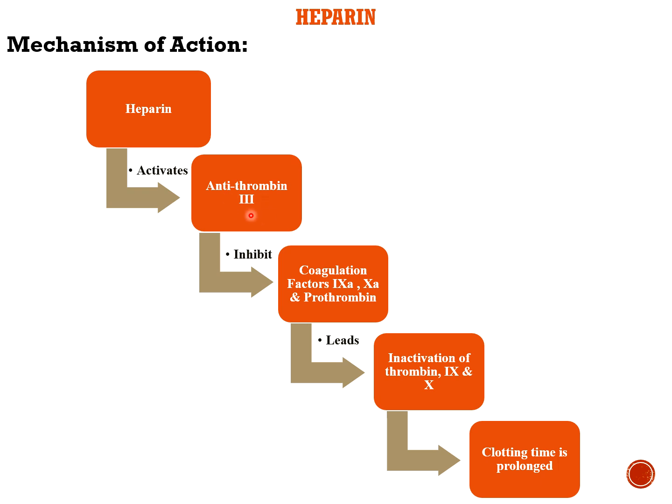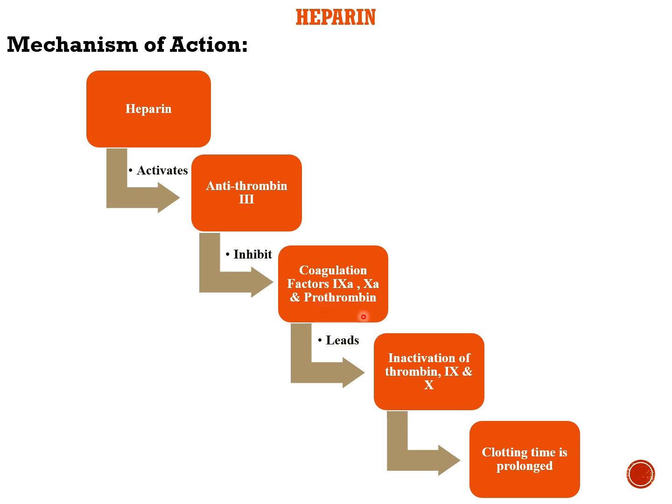Let me see how. Heparin activates antithrombin 3, a naturally occurring plasma protein, and it reduces coagulation by inhibiting the coagulation factors 9A, 10A and prothrombin. We know there are a total of 14 blood coagulation factors, and in them 9A and 10A come.